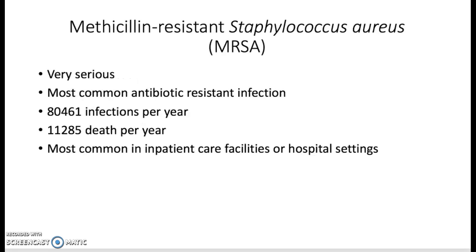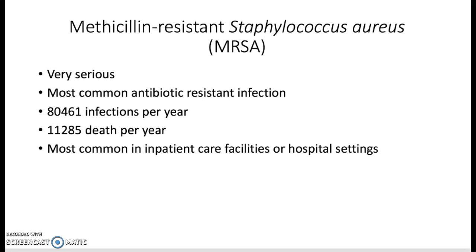For instance, methicillin-resistant Staphylococcus aureus, also known as MRSA, is a very serious bacterial infection. It is one of the most common antibiotic-resistant infections to date. Per year, there are 80,461 infections and 11,285 deaths reported by the CDC.